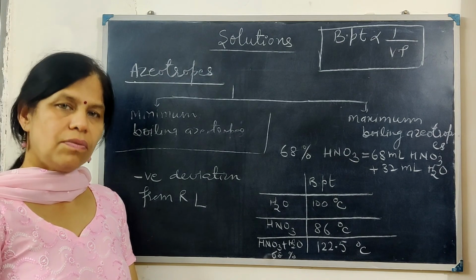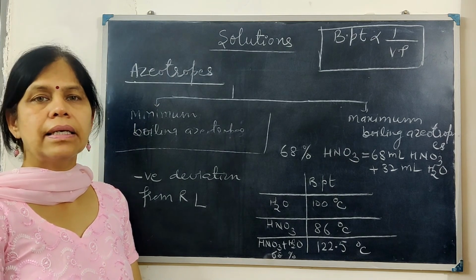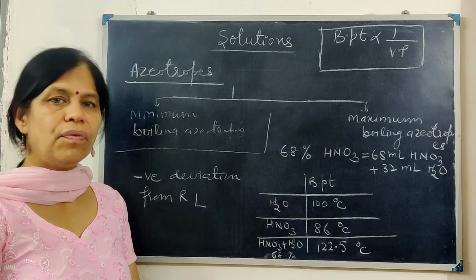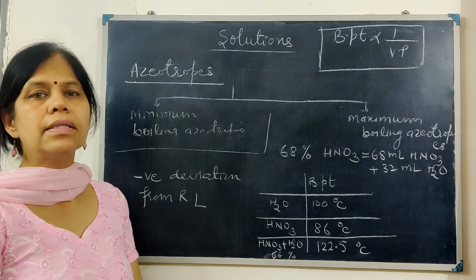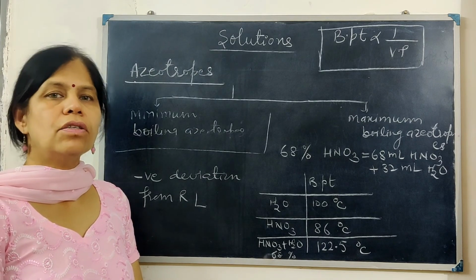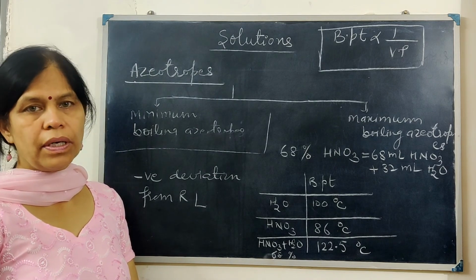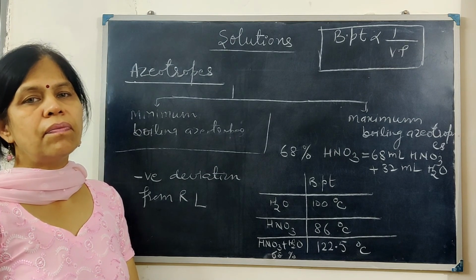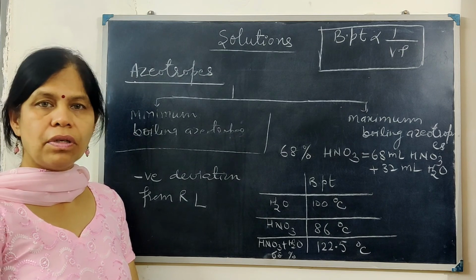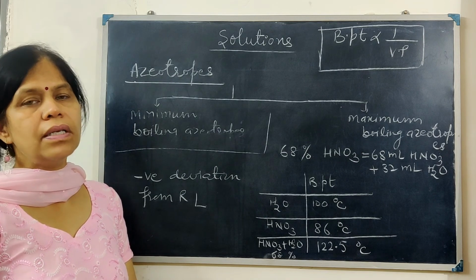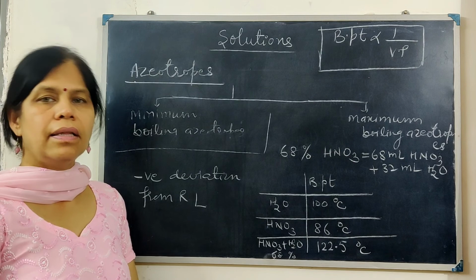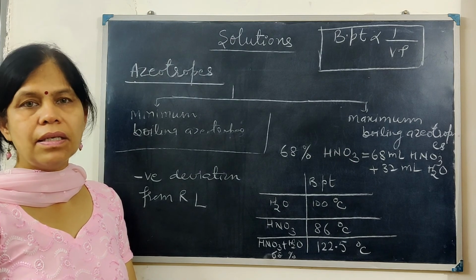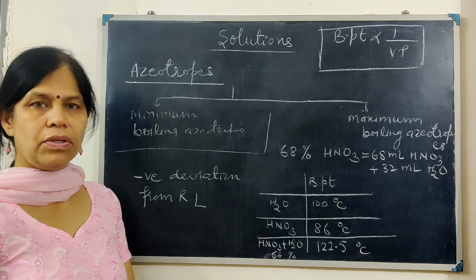Positive deviation is where the intermolecular forces of attraction between solvent and solute are less than the solvent-solvent and solute-solute interactions, whereas in negative deviation, the forces of attraction between solvent and solute are much higher than the solvent-solvent and solute-solute. So the escaping tendency decreases and it shows negative deviation.